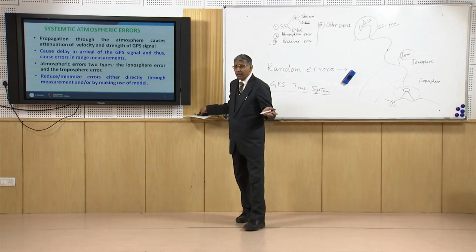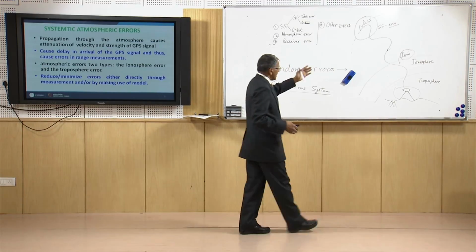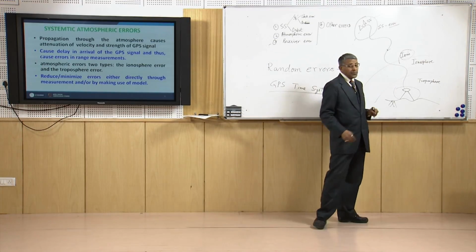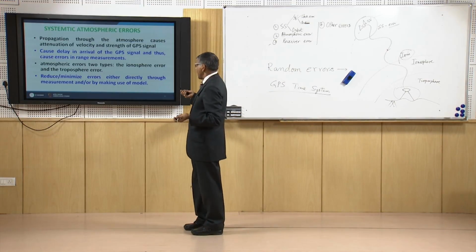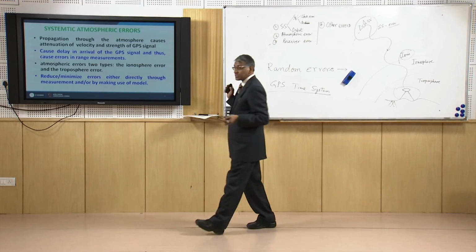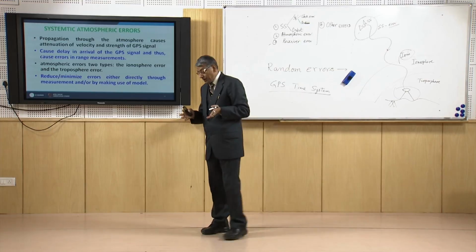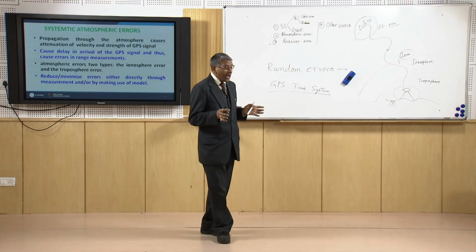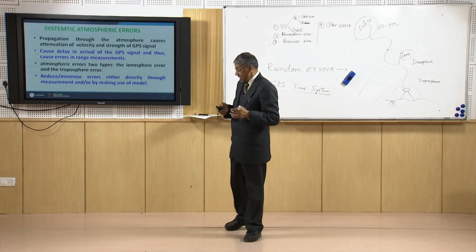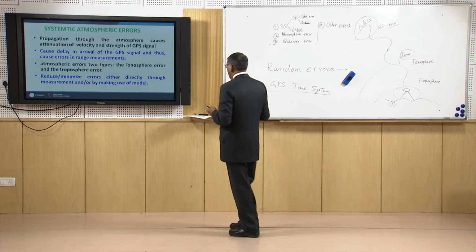So, this will make errors in the GPS observable, and for atmospheric error we generally go for modeling and then reduce the errors through modeling.